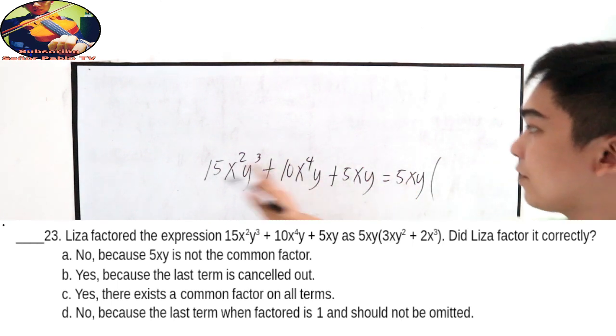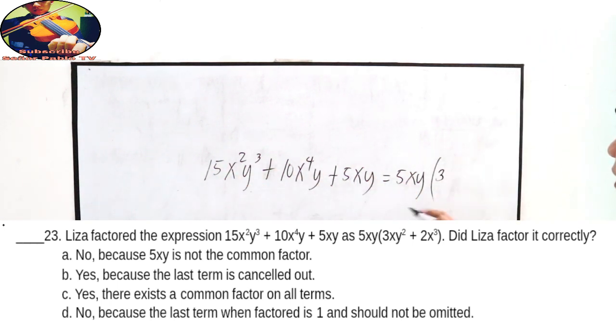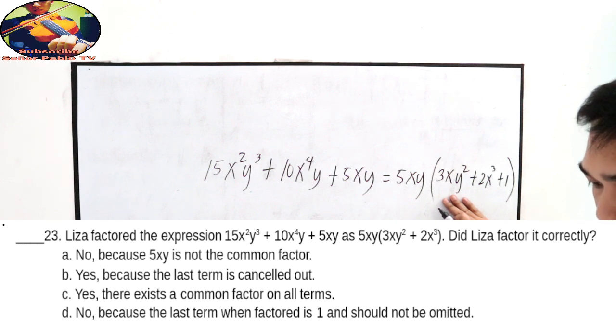Then, dito, 15 divided by 5 is 3, x squared divided by x is x, then y squared. Plus, 10 divided by 5, 2x cubed. Y, yun na yun. Plus 1. So, ito dapat yung tamang factor niya. Wala siyang plus 1.